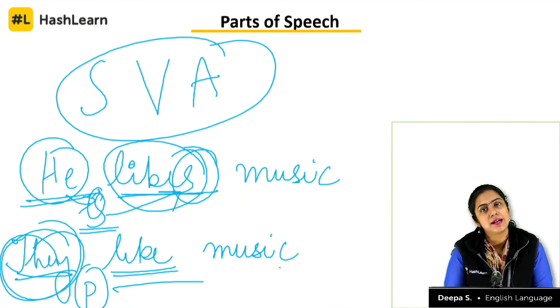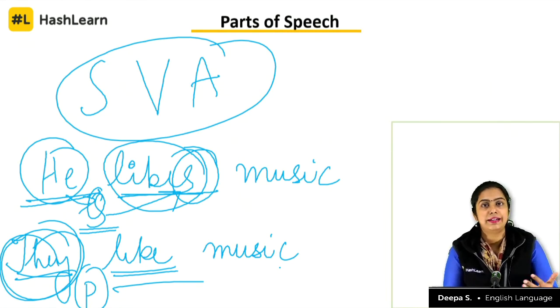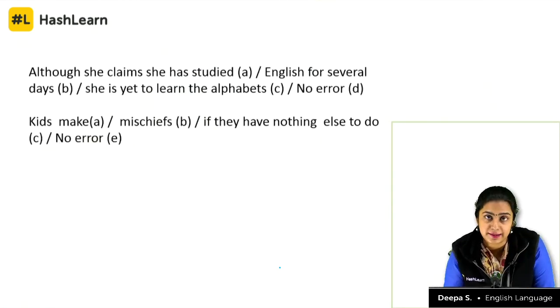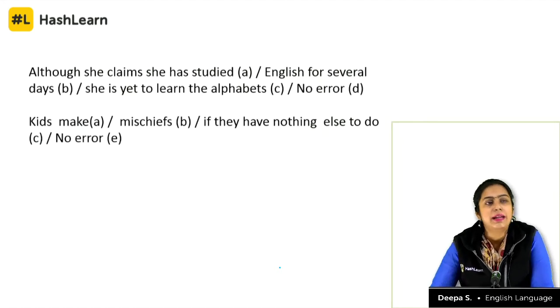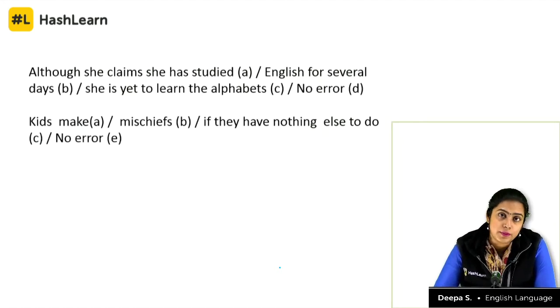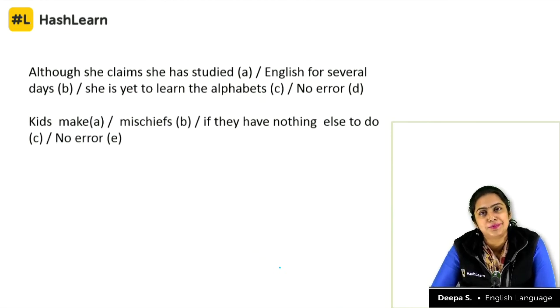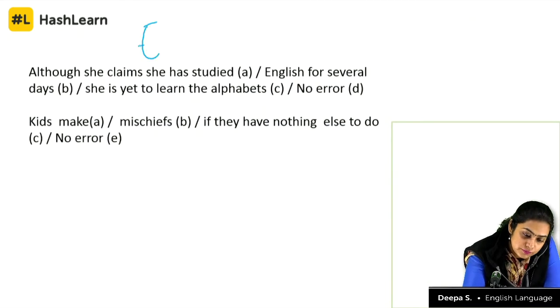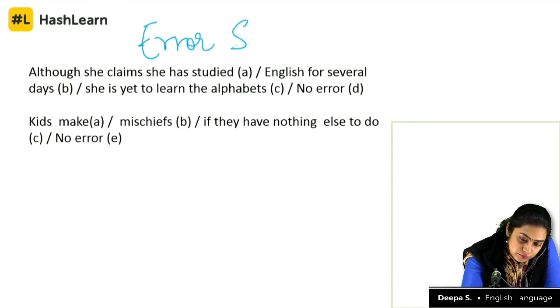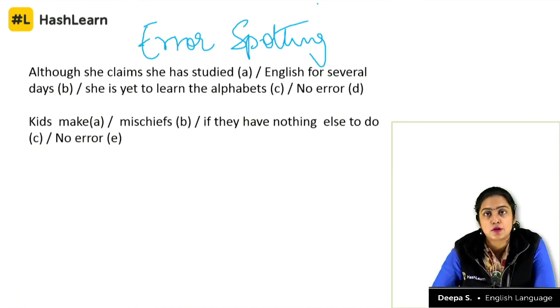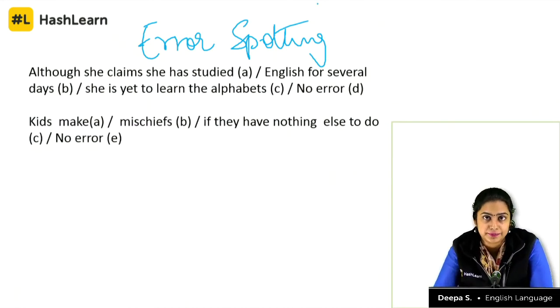Now let's look at some examples and then I'll teach you the concepts via these examples. Your banking examination will have a set of questions based on error spotting. Your job is to find out where there is an error and mark the error.